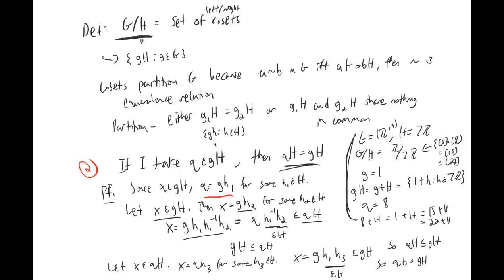So now this is the set of cosets. Now we want to make it a group, so we need to define some binary operation.